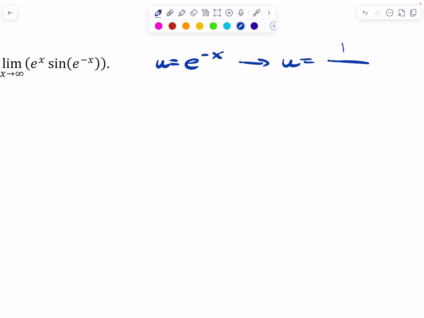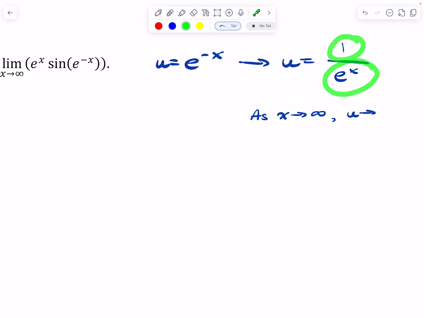Which also means that u is 1 over e to the x. So then, as x approaches infinity, using infinity because that's what's plunked in there, u approaches, well, this would be 1 over infinity, which is 0.